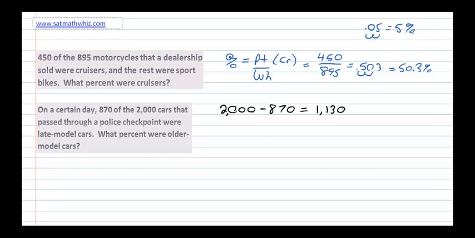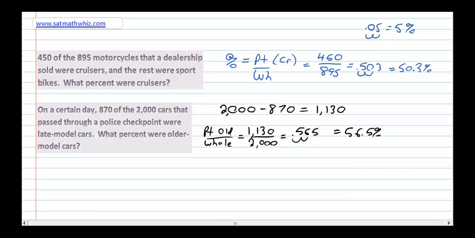So there are 1,130 older model cars. Now the percent is the part over the whole, the part that are older over the whole group. So we get 1130 on the top, 2,000 on the bottom. On a calculator, this divides to 0.565. Move the decimal 2 spaces to the right again, and it's 56.5%.